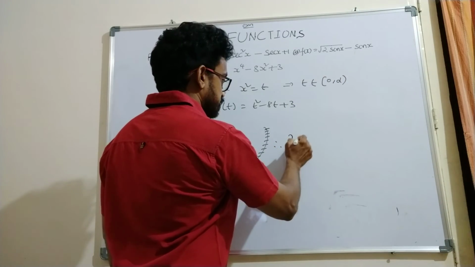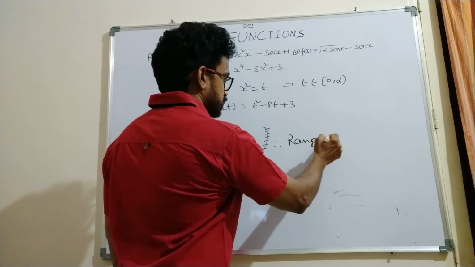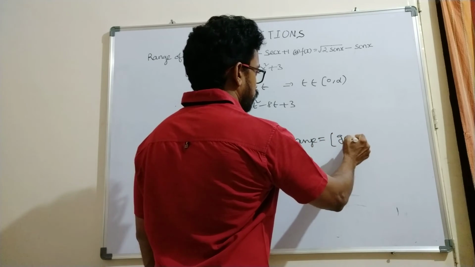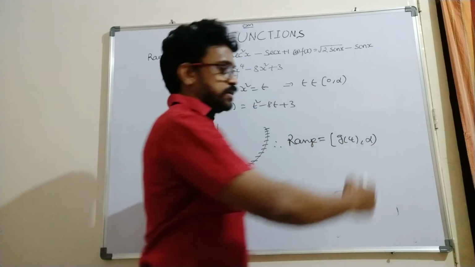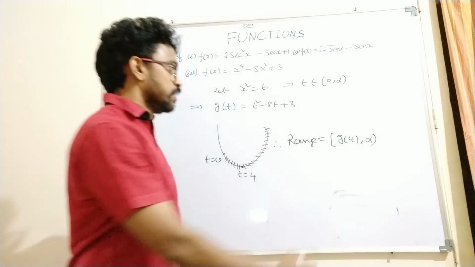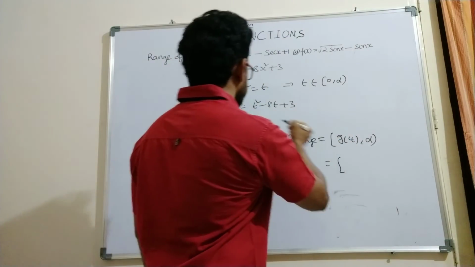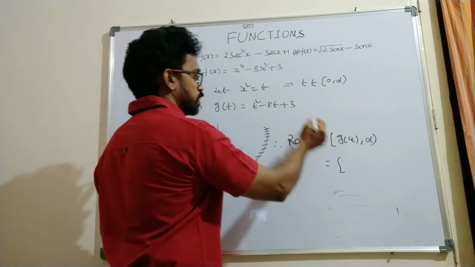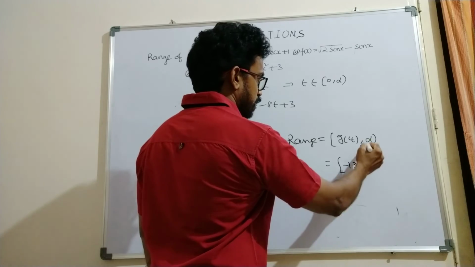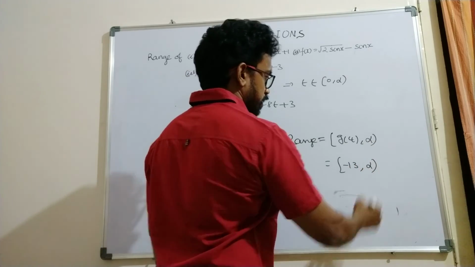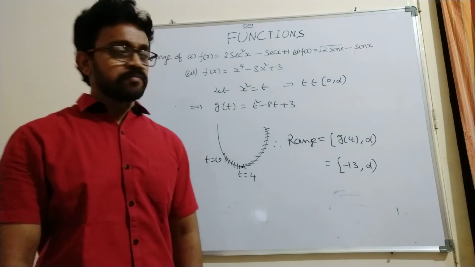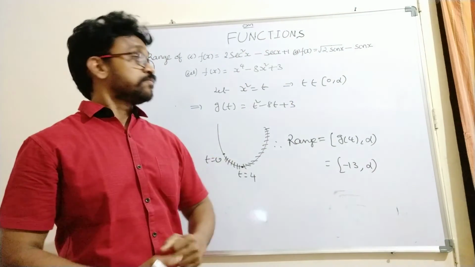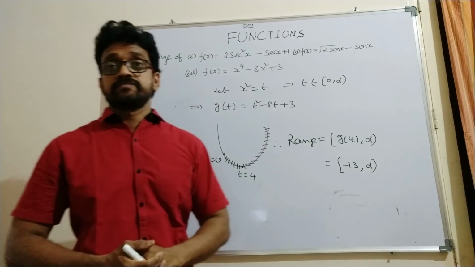Therefore range is equal to left closed, right open, g of 4 comma infinity. So what about g of 4? Just replace t by 4 here. 16 minus 32 plus 3, very clear, minus 13 comma infinity. So left closed, right open, minus 13 comma infinity is the range of this function.